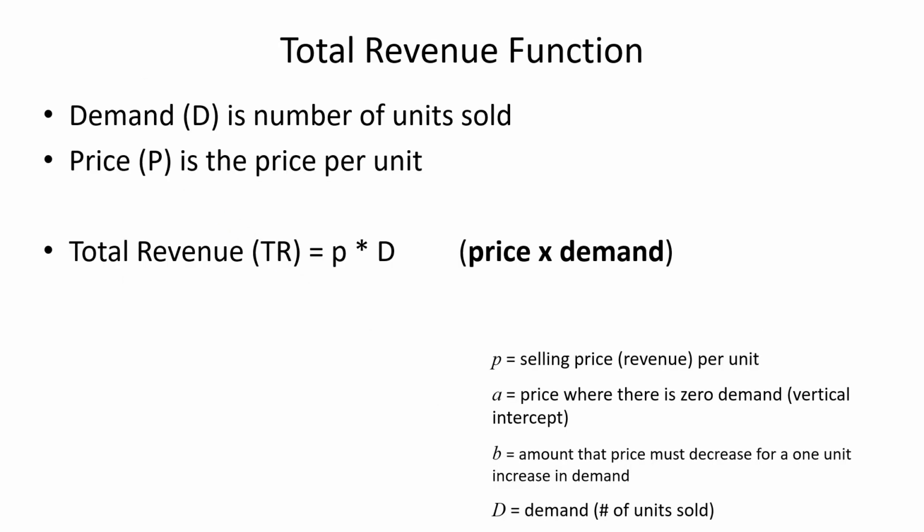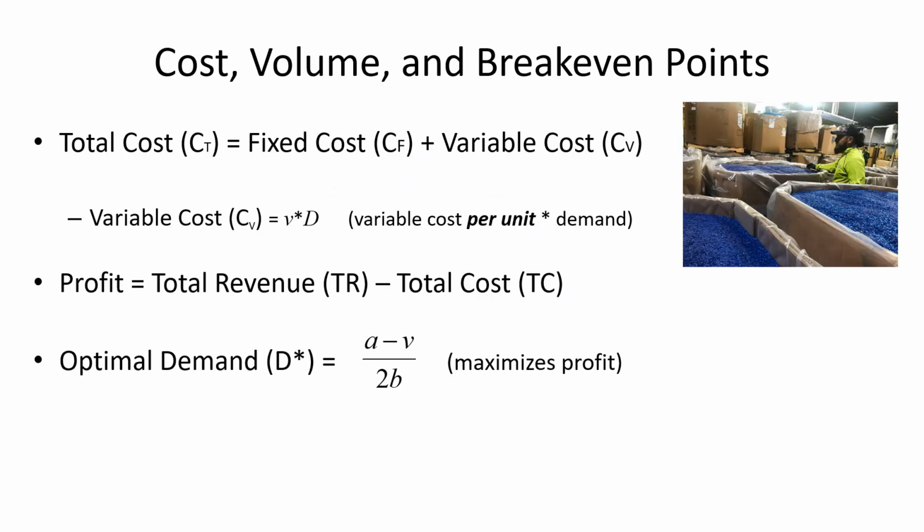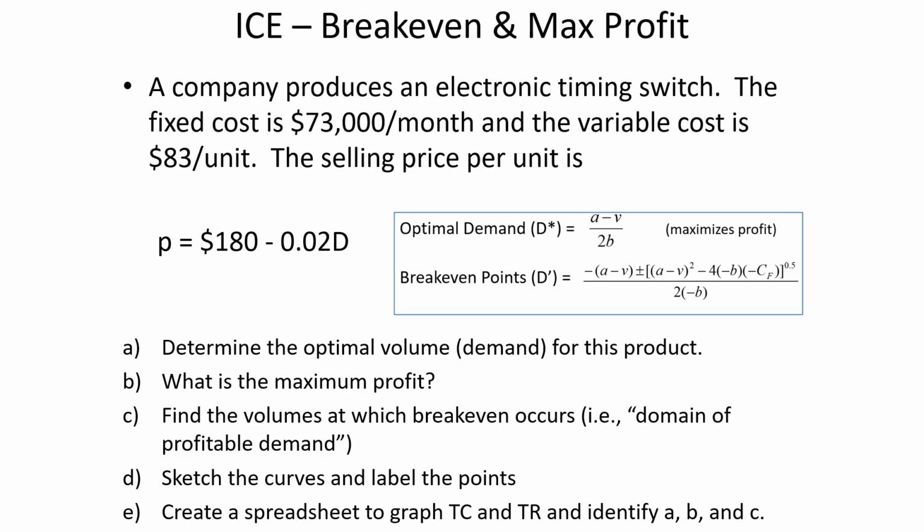P equals A minus B times D. Okay, so in the problem statement, we've got P equals 180 minus 0.02 times D. So I think you can see what is A and what is B, and with that, substitute it in here to find out optimal demand and maximum profit.